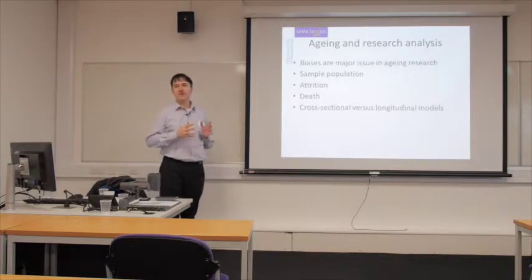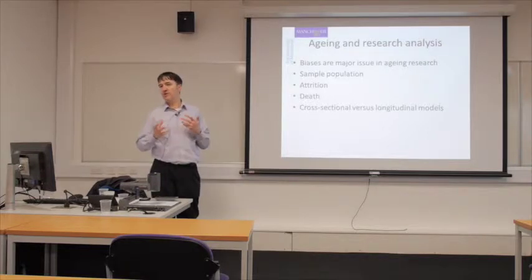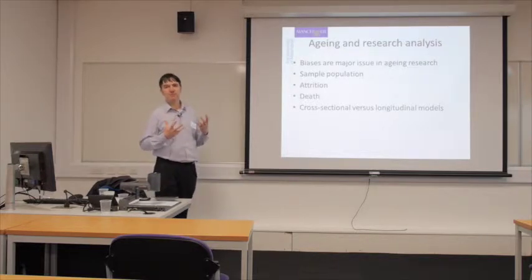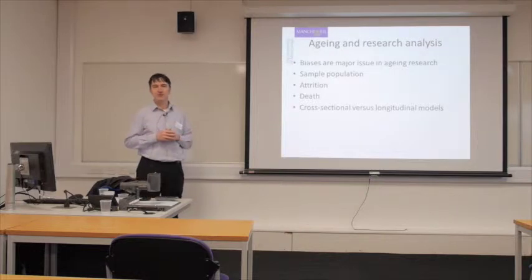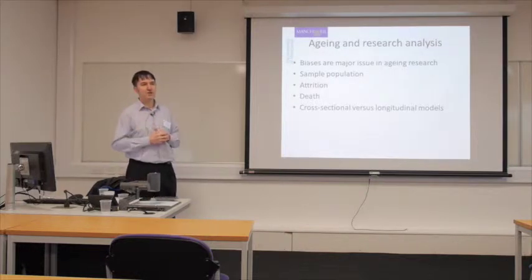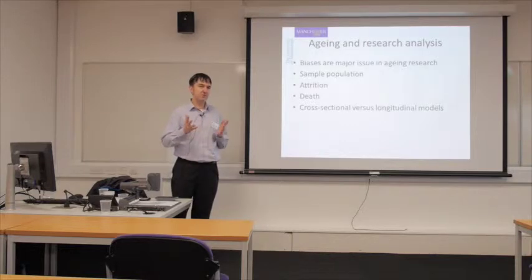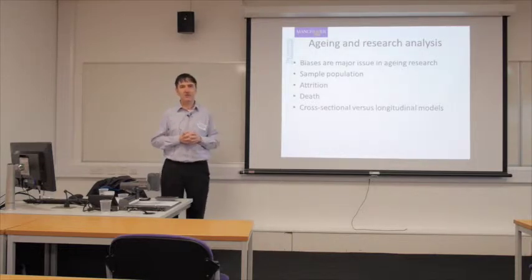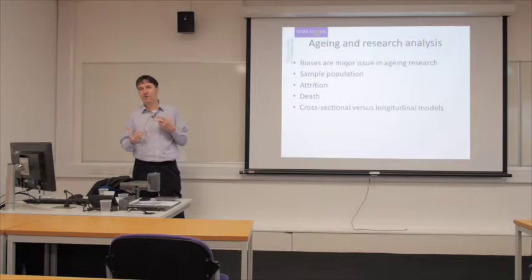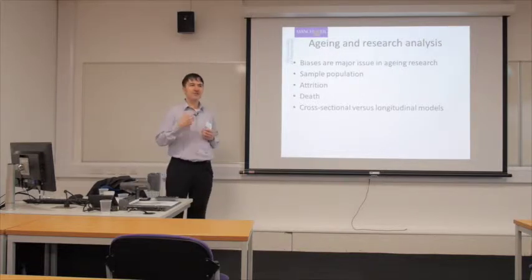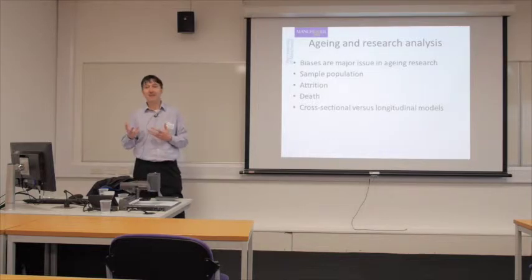So there are certain differences clearly about ageing research than there are from perhaps other age structures of research. For example, if you research on younger adults or perhaps early middle-aged adults, the reasons for sample characteristics and attrition are quite different than they are when you're studying adults of 80 plus.